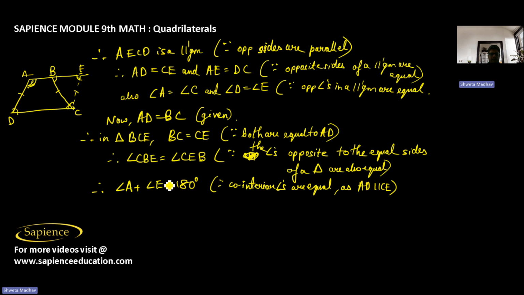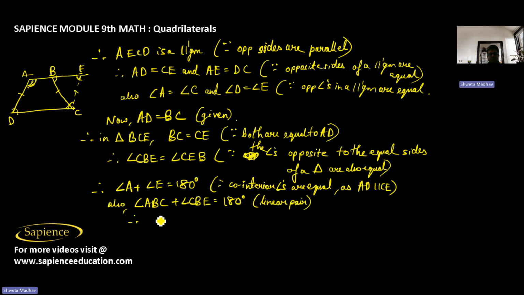Now, angle E is equal to angle CBE. Also, angle ABC plus angle CBE is equal to 180 degrees, since it is forming a linear pair.